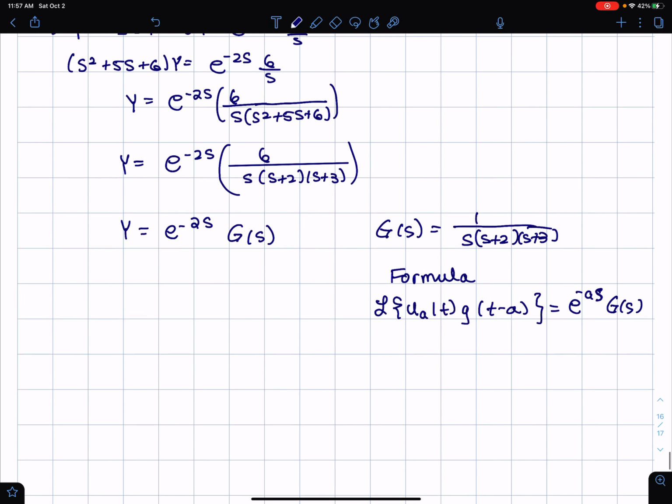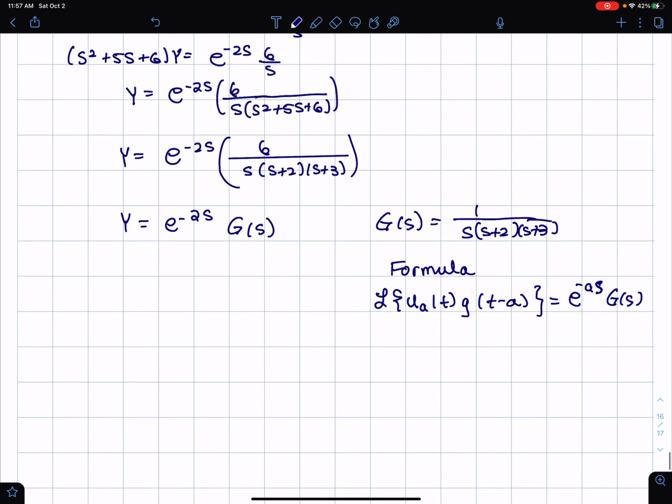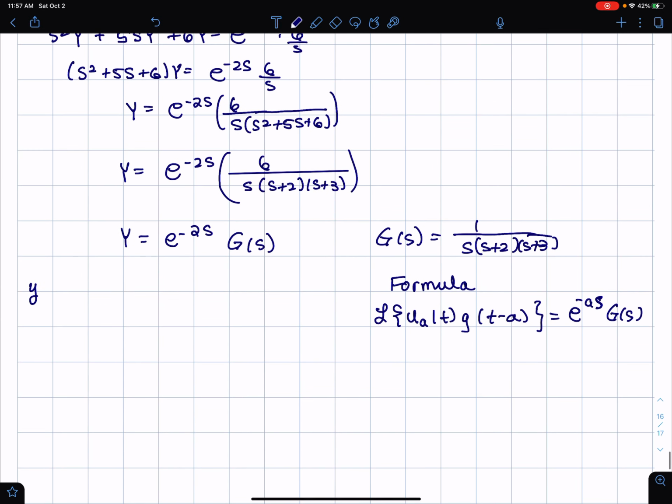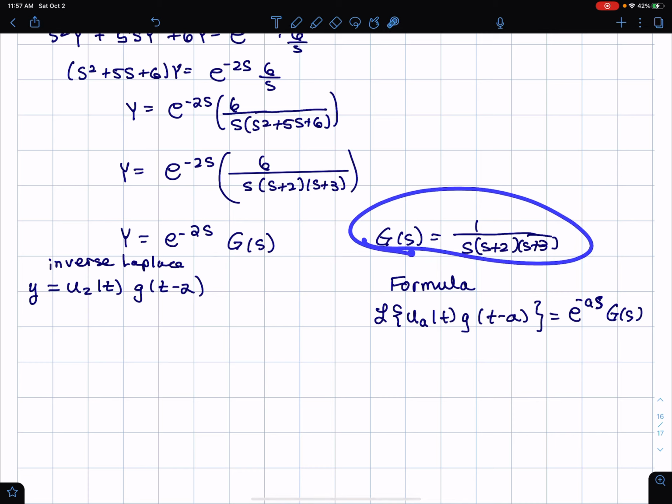All right, so going backwards, I want to get the inverse Laplace transform. This is going to be u_2(t) g(t minus 2). So then I'm down to the question of finding the inverse of capital G here.